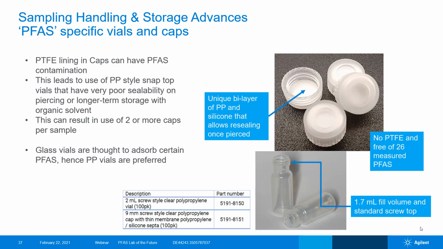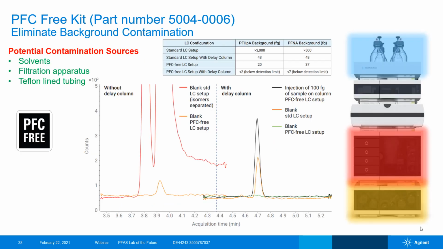The other benefit on the vials is that using screw top polypropylene vials prevents any adsorption to glass and also potential introduction of contamination because there are no fluoropolymers in here. The lab of the future will be running PFC free kits, and really, PFAS are ubiquitous, as I mentioned. They can be present in solvents, filtration apparatus, Teflon lined tubings and so on. And one of the places they can also be present is in the LC itself, right?